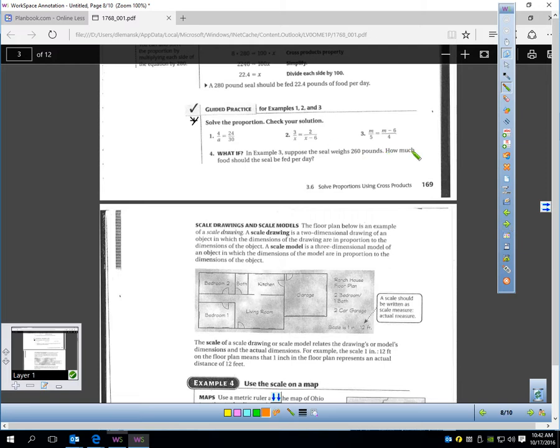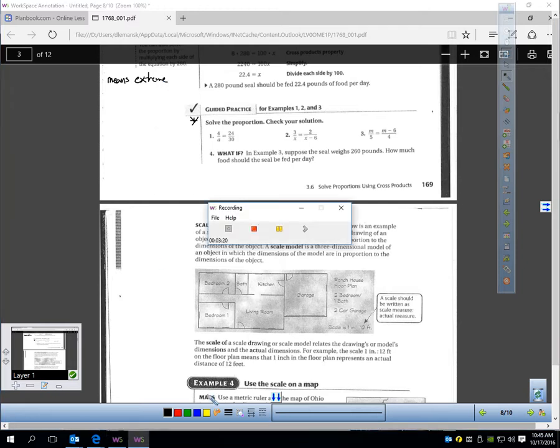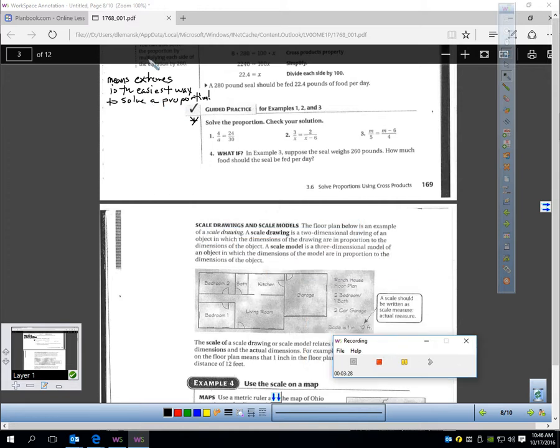In fact, I would say the means extremes property, I'm going to write it up here, is the easiest property to use when solving a proportion. The means extremes property is the easiest way to solve a proportion, and as a teacher, I would highly recommend you use this method over what the book showed in 3.5. It's not that what the book showed in 3.5 was wrong. This just works no matter what the situation.